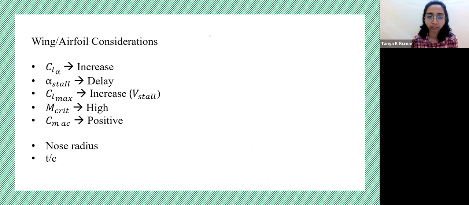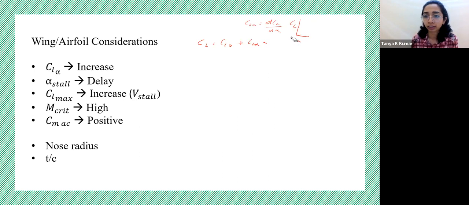CL alpha comes from the CL equation: CL is CL naught plus CL alpha times alpha, where CL alpha is just the slope, dCL upon d alpha, of this graph of CL versus alpha. So we want this quantity to increase. Why? For a small change in angle of attack, you need large lift to be produced, right?